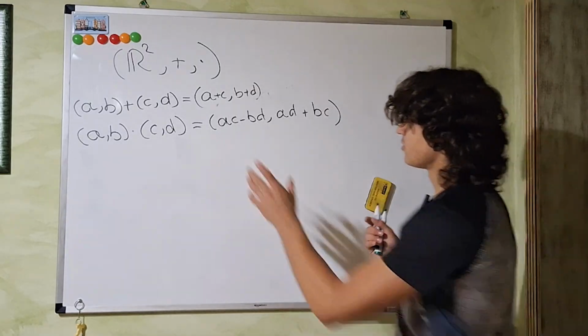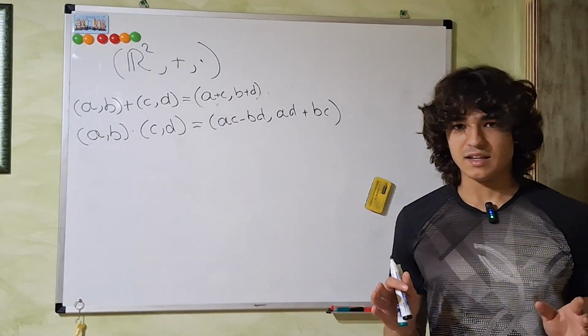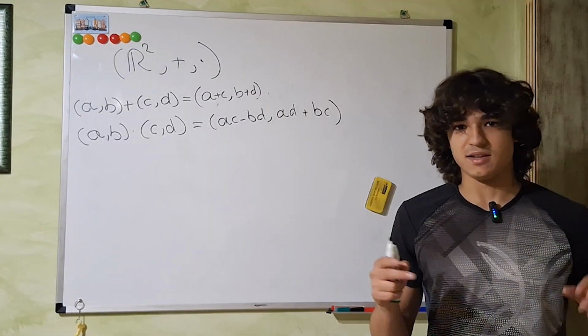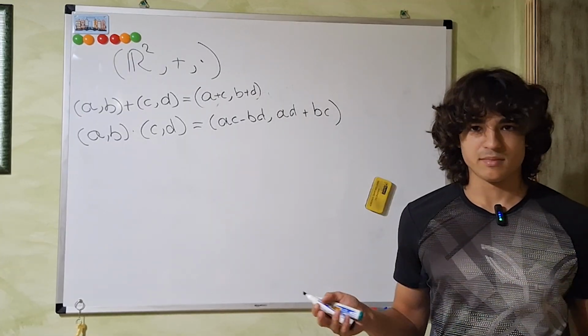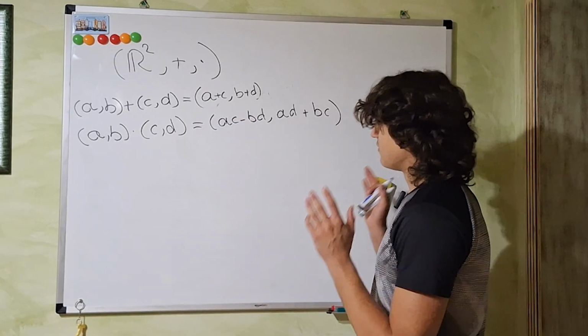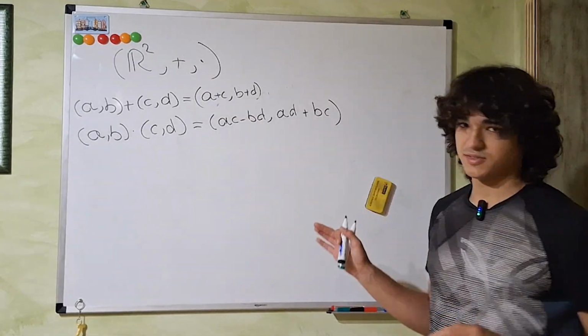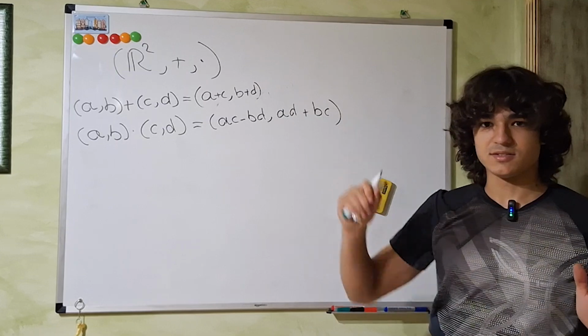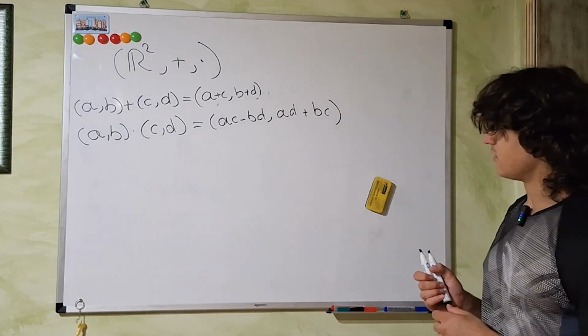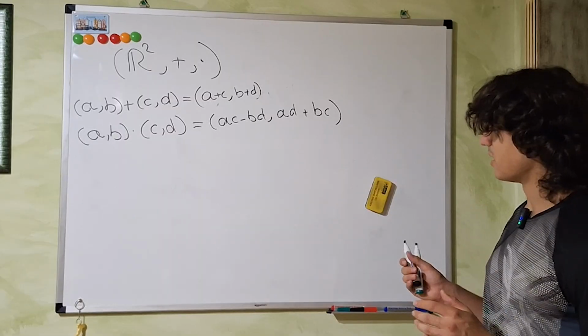But simply because addition and multiplication behave as they do for real numbers, integers and all of that, they are numbers. This is a field, this is not a vector field. So this is the most important thing to bear in mind.